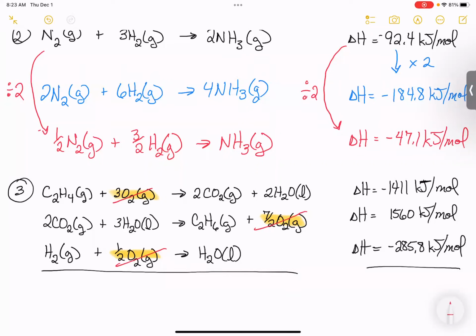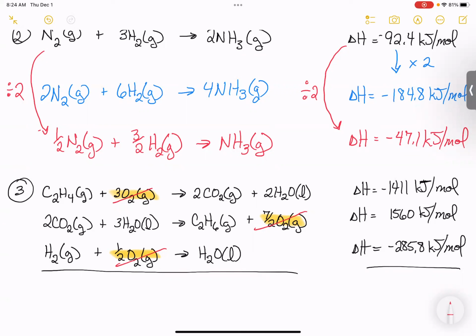Now, folks, you got to make sure you not only have the substance, but you got the correct state of matter. I have 3 oxygen gases plus a 1/2 oxygen gas on the reactant side. That makes 7 halves oxygen gas on the reactant side. And I had 7 halves oxygen gas on the product side. So they canceled.